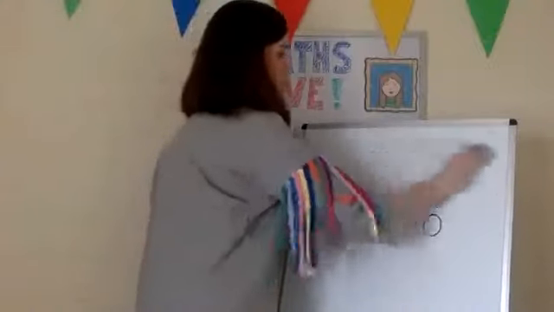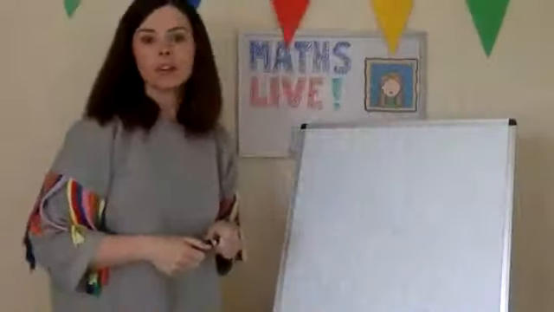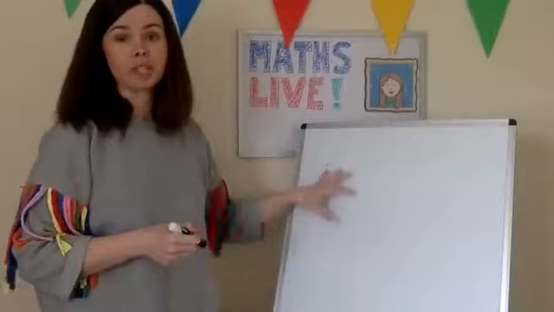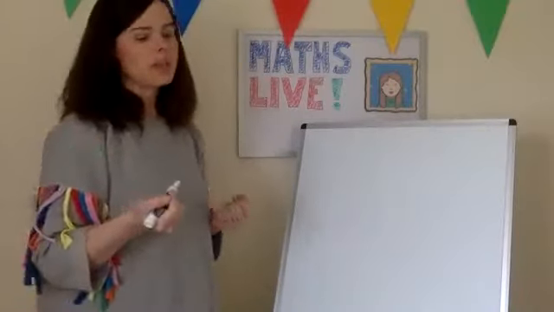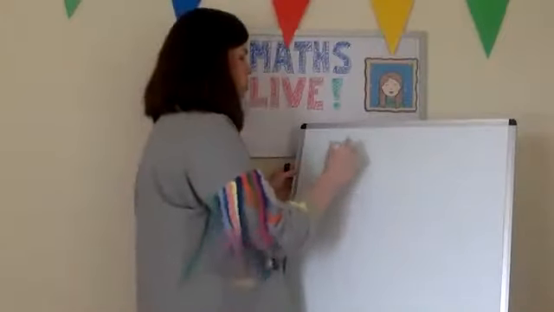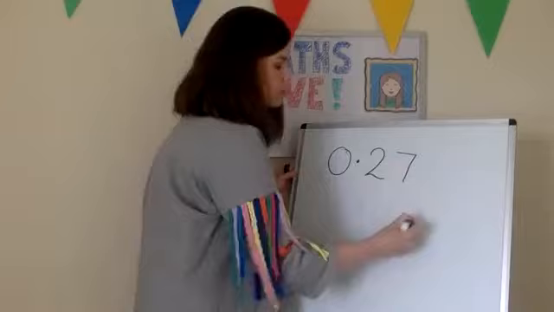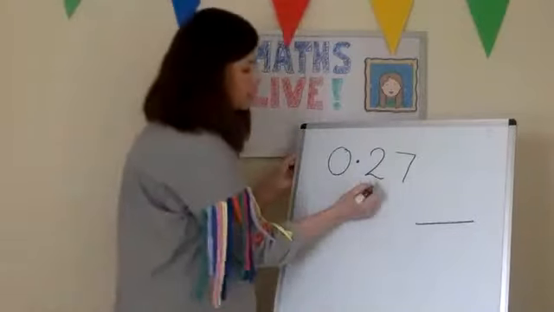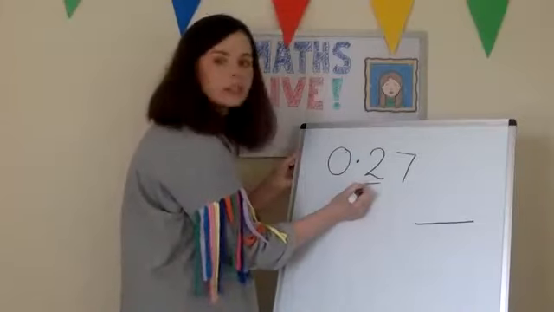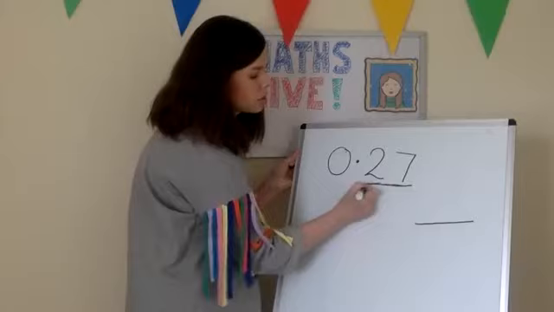I'll show you another example. We're only focusing on fractions that have the denominator of 10 or 100 or 1,000 because of the link between decimals. So if I have 0.27, and I'm going to do it as a fraction, here I'm in my tenths, but I'm also in my hundredths.